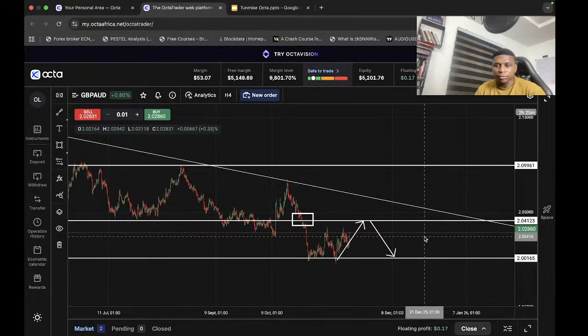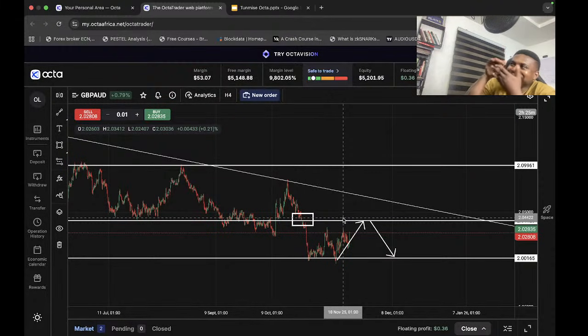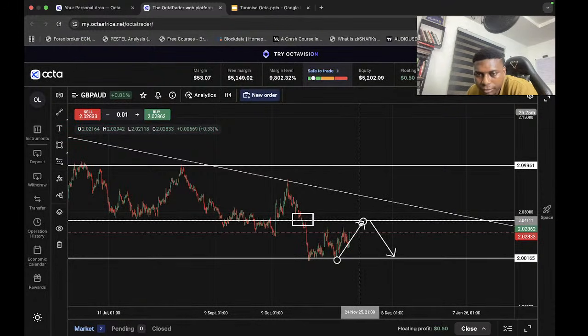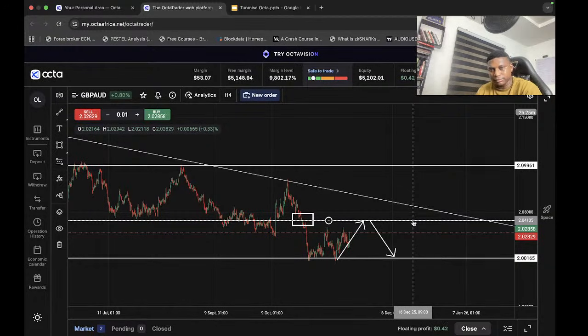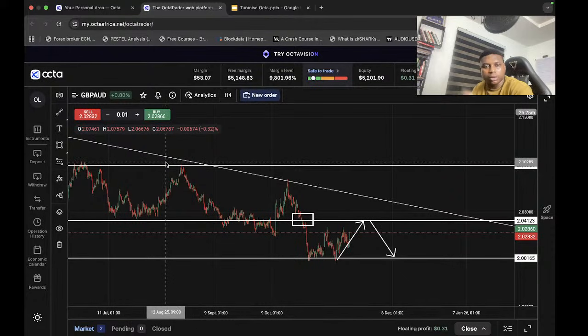So instead of selling at the current market price or buying at the current market price, I choose to set a pending sell order at this level. So let's do that.